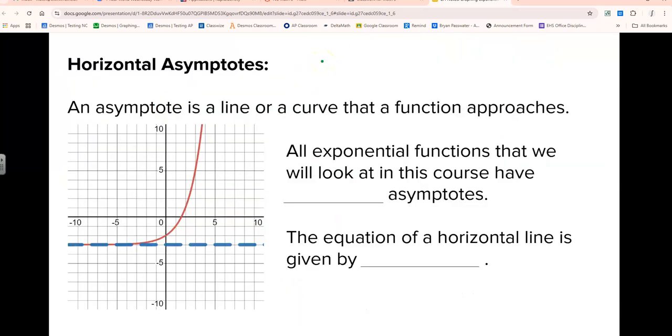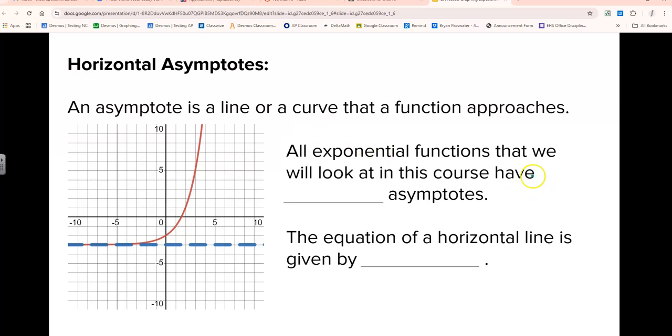All right, so that exponential graph has a horizontal asymptote. I've used that word asymptote before in class, but let's explore exactly what that is a little bit deeper. A horizontal asymptote is a line or curve that a function approaches.